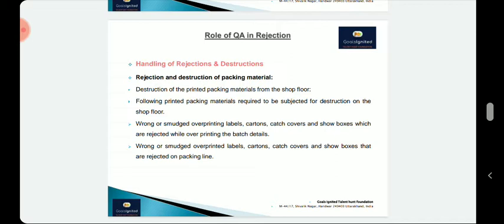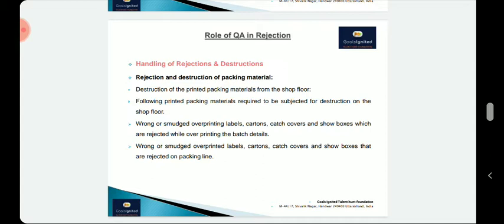Next is the procedure for the destruction of paper, card or board type printed packing material from the shop floor. The packing supervisor shall make entries in the register or logbook as well as in the batch processing records and batch packing records for the accounting of the overprinted packing material which is to be destroyed. At the end of the batch, the rejected printed packing material is to be destroyed by shredding, using the shredding machine if available, in the presence of the quality assurance officer.